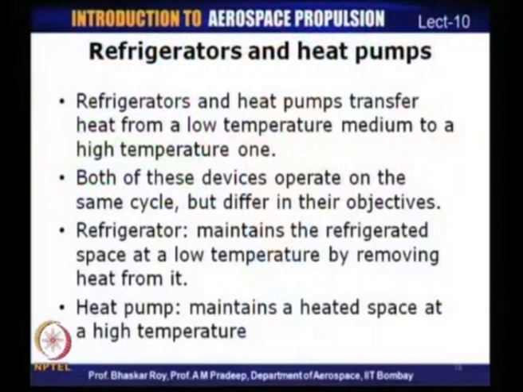transfers heat again from a low temperature surroundings to maintain a room at a temperature which is higher than the surroundings. So, a heat pump would be like an air conditioner put on the heating mode, that is, you would want to maintain a room which is at a temperature higher than the surroundings, and this again requires a certain work input. So, refrigerators and heat pumps both transfer heat from a low temperature medium to a high temperature one.